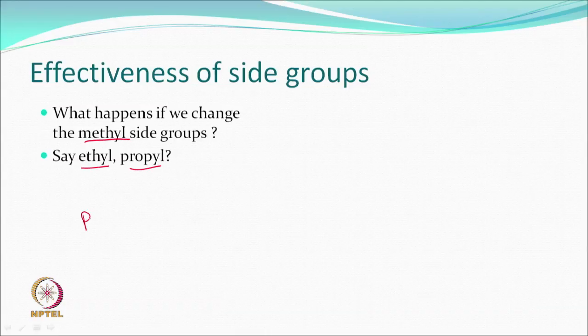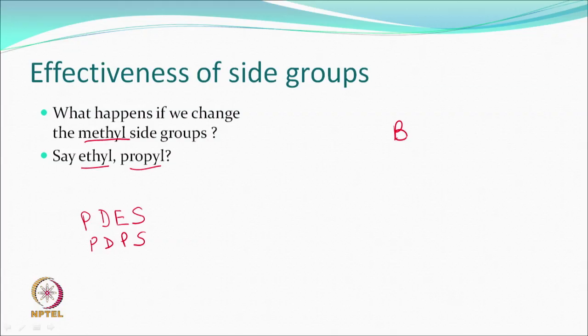For example, instead of having the polydimethyl, you have, let us say, polydiethyl siloxane or polydipropyl siloxane. What would happen? What do you think would happen? Will it give you better repellency?